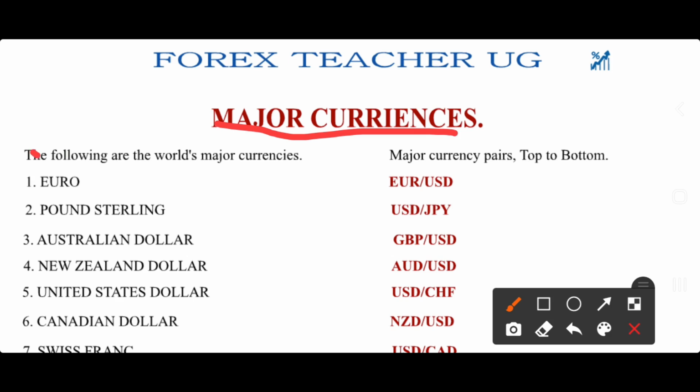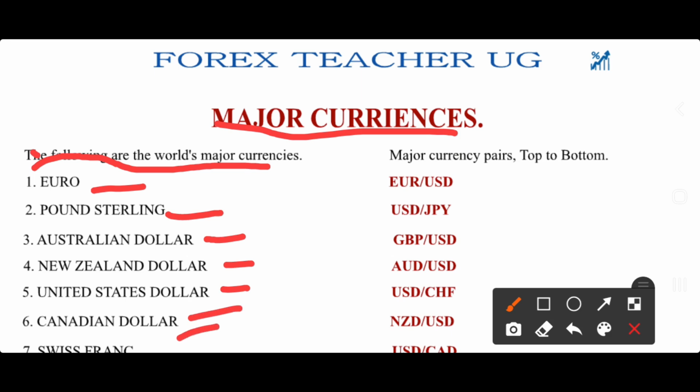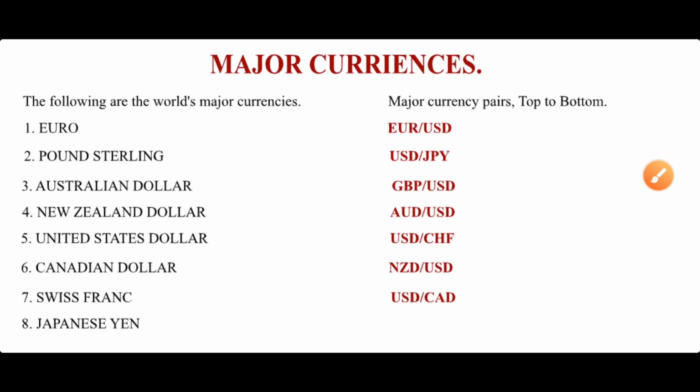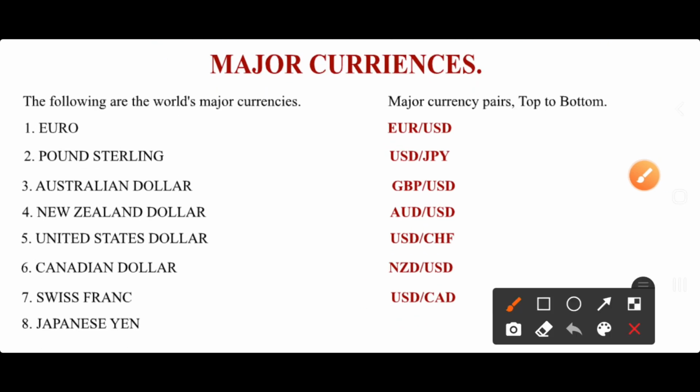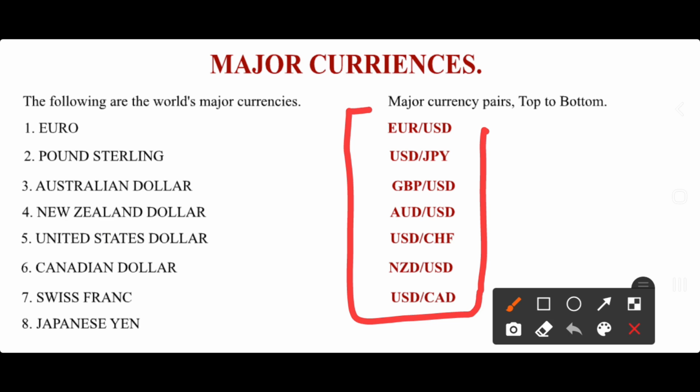Here we look at these major currencies. We have the euro, pound sterling, Australian dollar, New Zealand dollar, United States dollar, Canadian dollar, Swiss franc, and the Japanese yen. These are the currencies we have in majors.